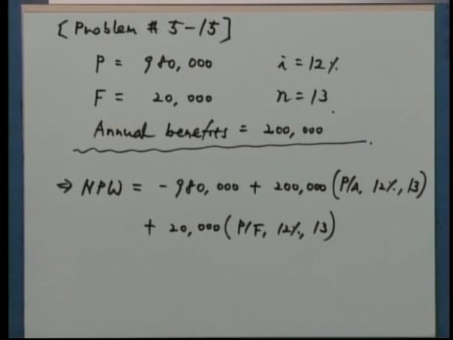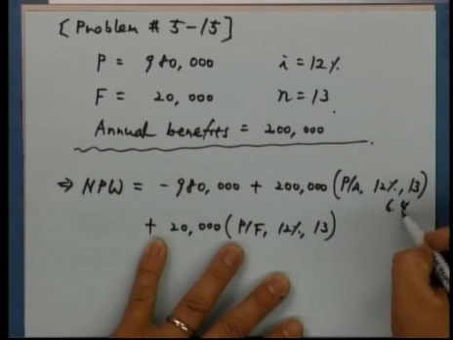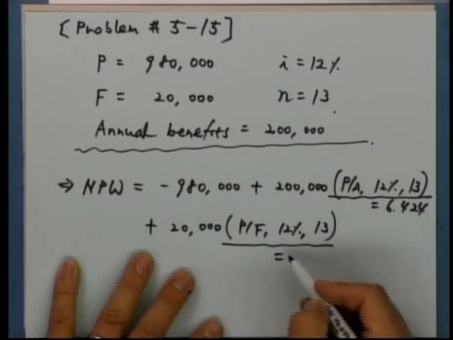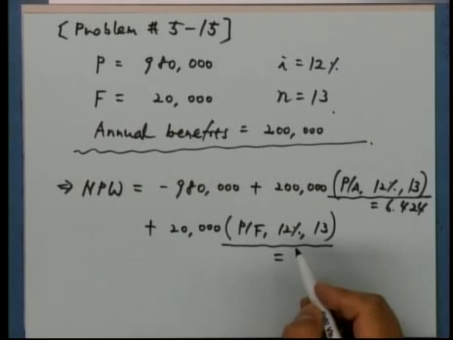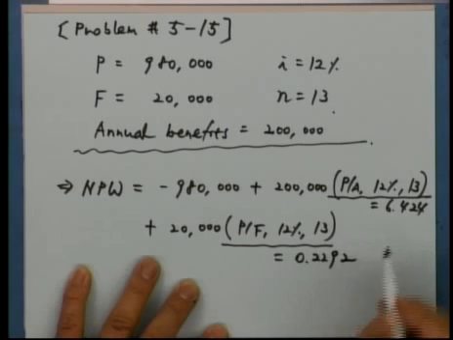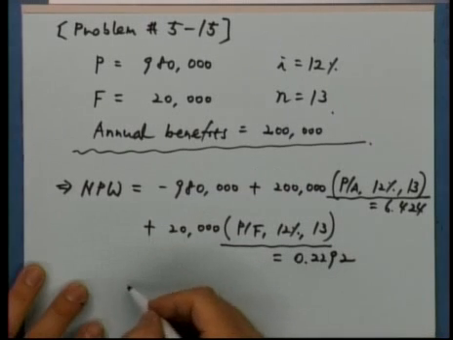So let's get those factor values. 12% is given in our text, page number 614. P given A over 13 periods is 6.424. What about this P given F? 0.2292. Okay, so how much is this?